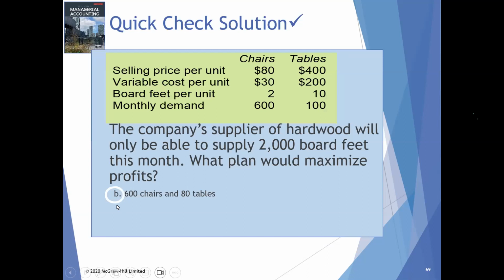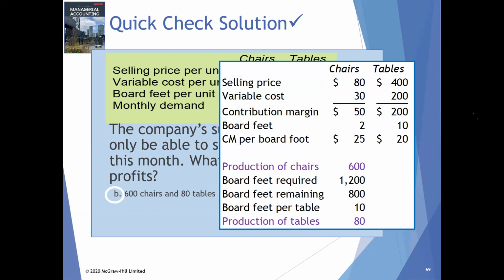I'm just explaining the 600 chairs and 80 tables. This is the appropriate allocation of resources to have maximum profit. In this case, we know 80 and 400 are the selling prices, 30 and 200 the variable costs, and the contribution margins are 50 and 200. Board feet is 2 and 10. And we know that the contribution margin per board foot is $25 and $20.